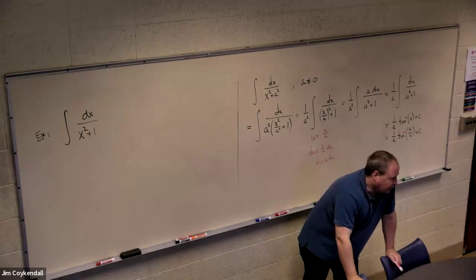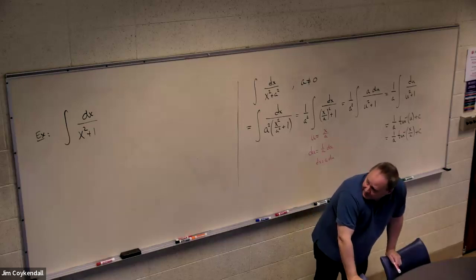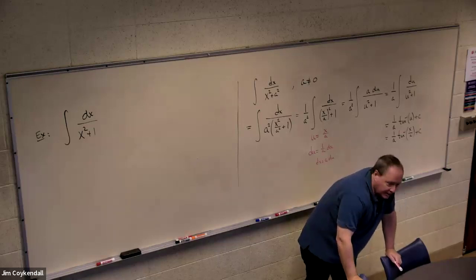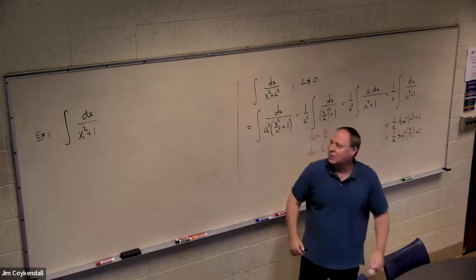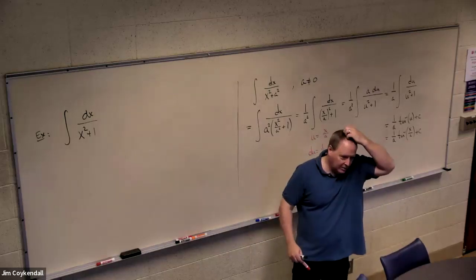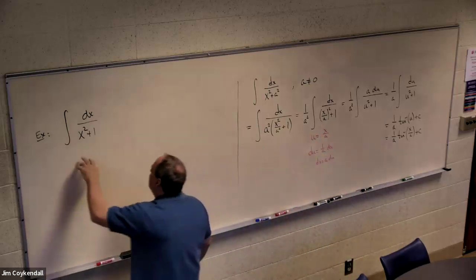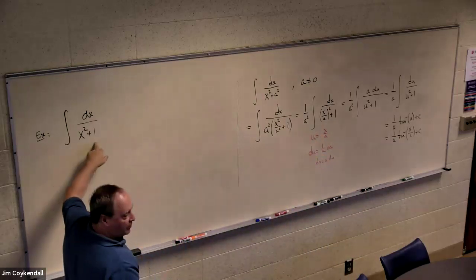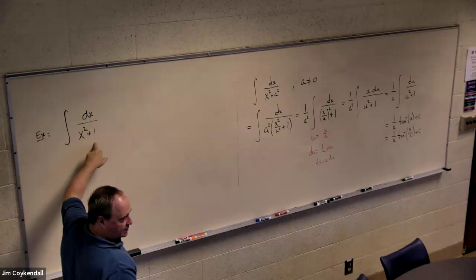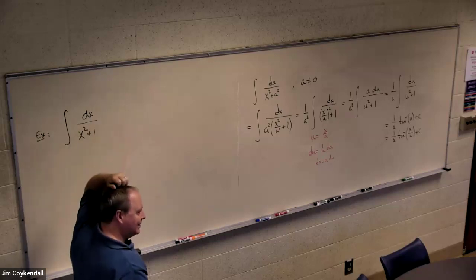Sometimes a clever substitution works, sometimes a substitution is a little bit out of bounds. Now, I know what this answer is. I know that I should get inverse tangent. Can anybody think of a substitution that may work? It's natural for you to say, well, let's try u equals x squared plus one. But then the du, if u is x squared plus one, what's the du going to be? 2x dx, and there's no 2x here, so that doesn't count.